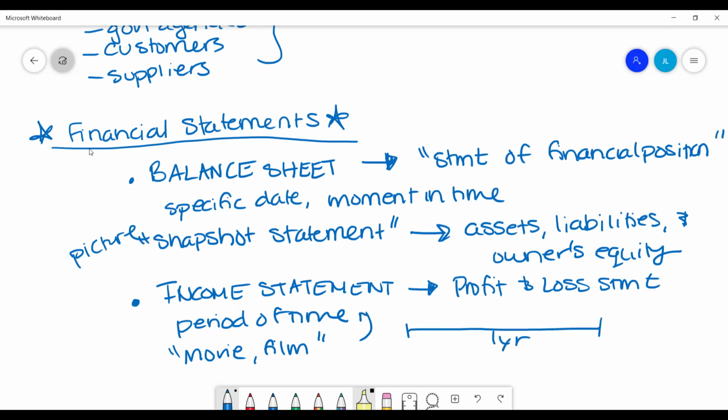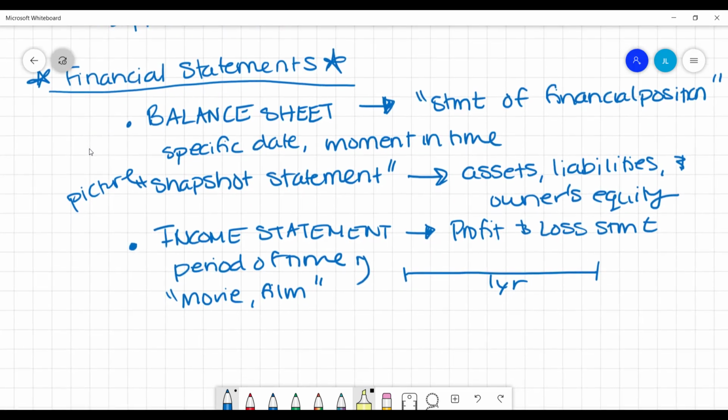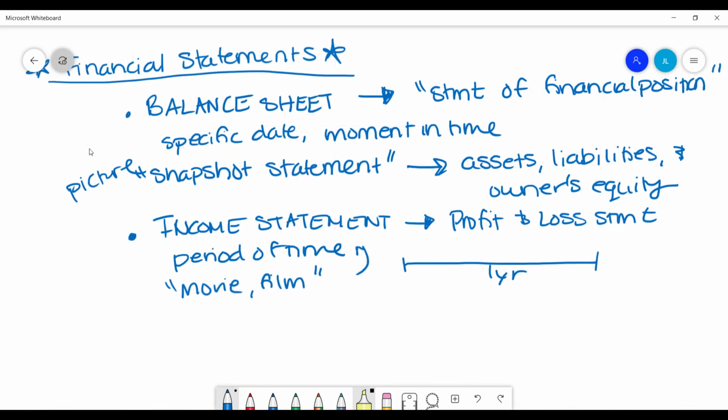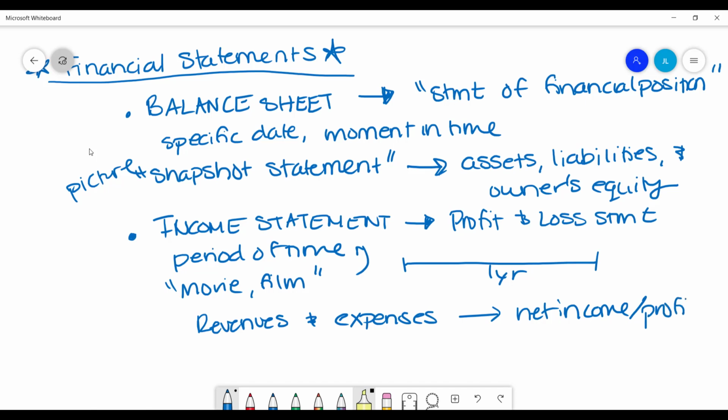For example, 1 year. So this is basically a summary of a company's revenues and expenses. And what we'll learn about later on in great detail is that those revenues and expenses help us figure out what our net income or profit is.